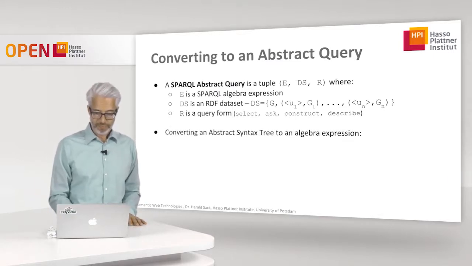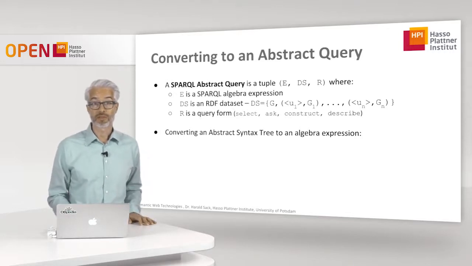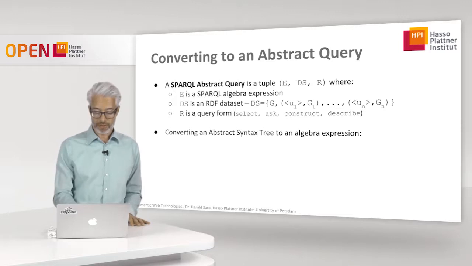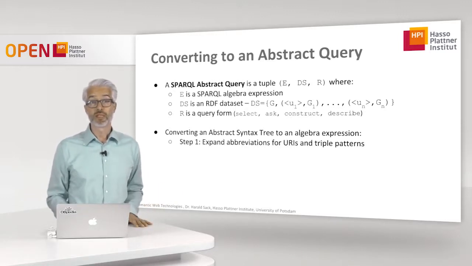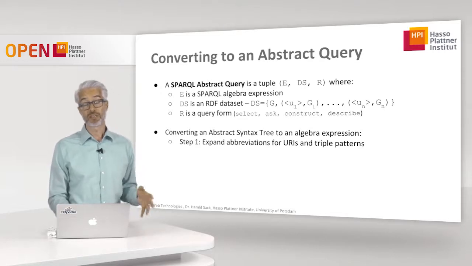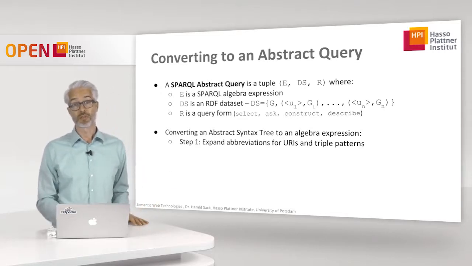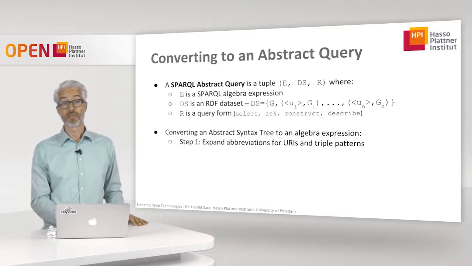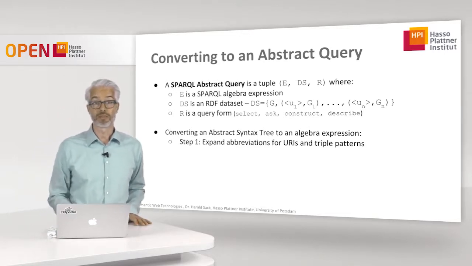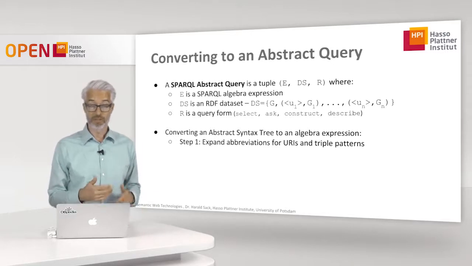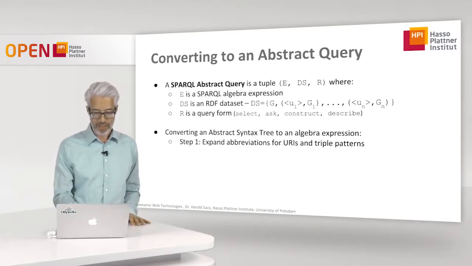Okay, so the general way to convert an abstract syntax tree to an algebraic expression always works in the same way. First step, we have to expand all possible abbreviations that you know, for example, from Turtle, for URIs and for triple patterns, into an explicit triple representation. This is the first and most basic step.